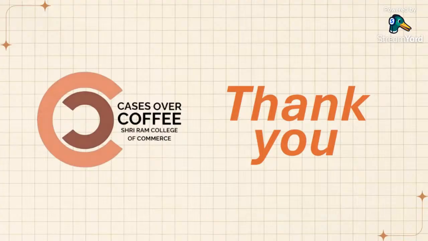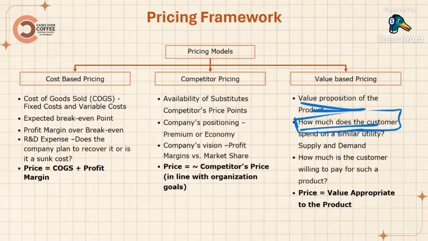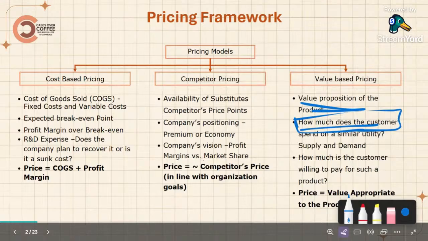How can you explain the diagram you drew for the last point of competitor pricing? Which diagram? A second, let me revisit that. I don't get the point.